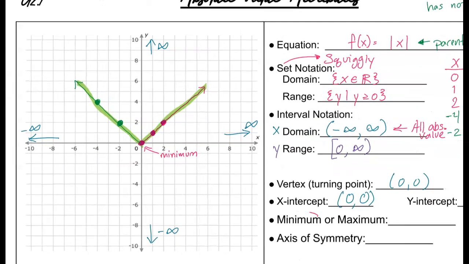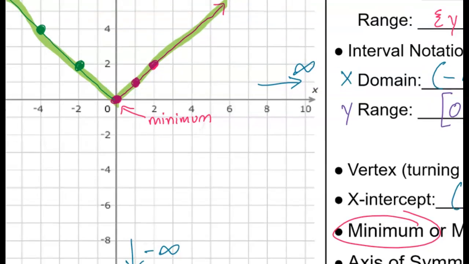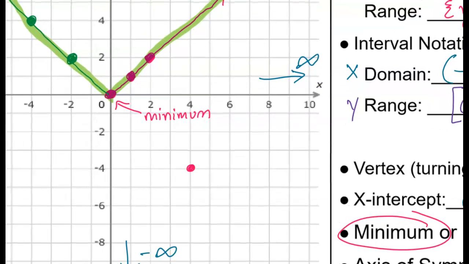That's a minimum point. If we instead, and don't draw this on your graph, but I just want to show you, if we had an absolute value that gave us what looks like a mountain, do you think we have a lowest point or a highest point? Highest point.